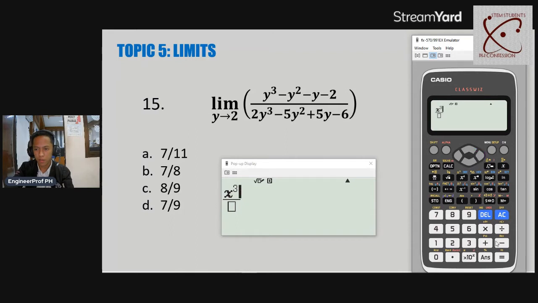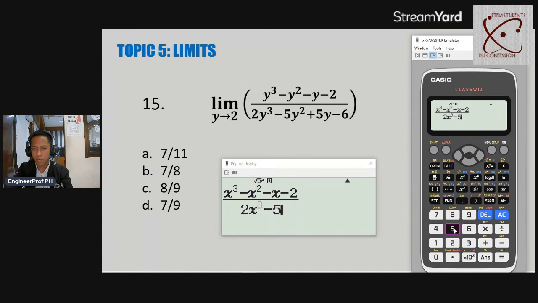Okay? Minus ito, y squared, so that is alpha x squared minus y, so that is x, so alpha x minus 2. Then we have here 2y cubed, so 2 alpha x cubed.